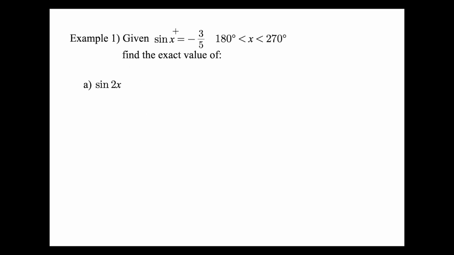So given that sine of x is negative 3 over 5, with x between 180 degrees and 270 degrees. At this point, you should be checking that your calculator is in degree mode. 180 degrees to 270 degrees means that this will be in the third quadrant.